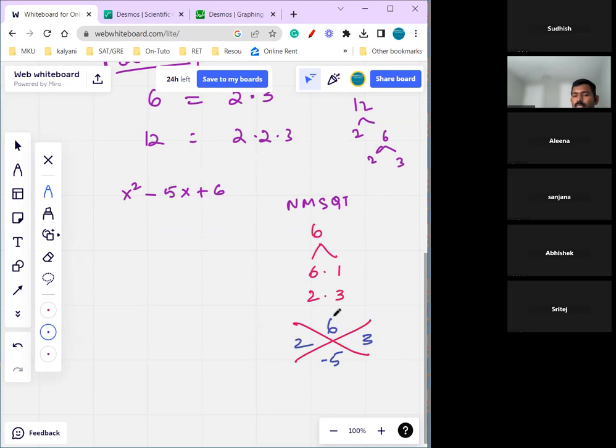When you multiply, you get this; when you add, you need to get this. To get -5, I'm going to put both of them as negatives. Then the factors are x minus 2 and x minus 3. That's it, and you got it right away. That's the basic idea behind factoring. Good to go?